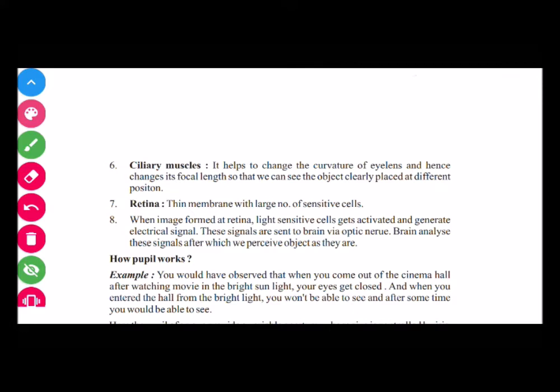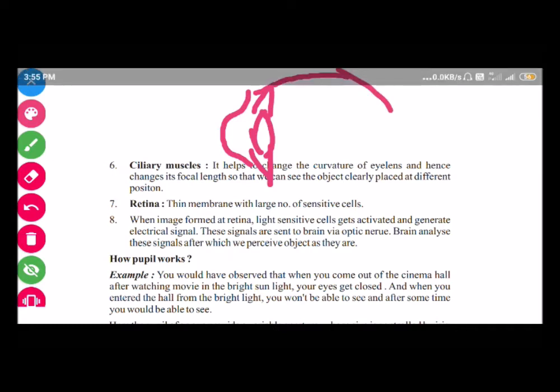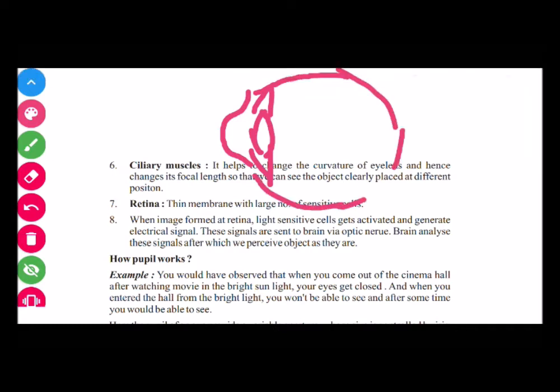Come on. Human eye consists of a front bulge portion called cornea. Ready? And there is a double convex lens, and it is connected to the eyeball by using ciliary muscles. Ready? And what will it do? Come on.